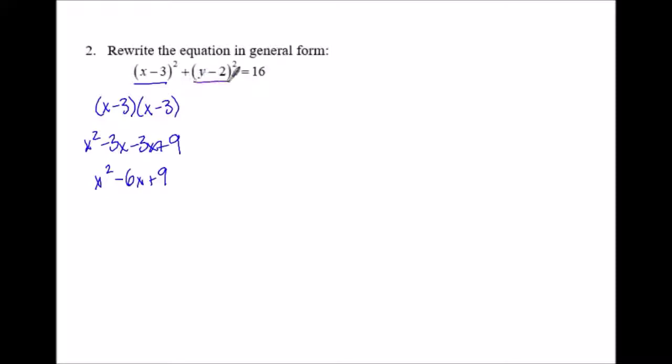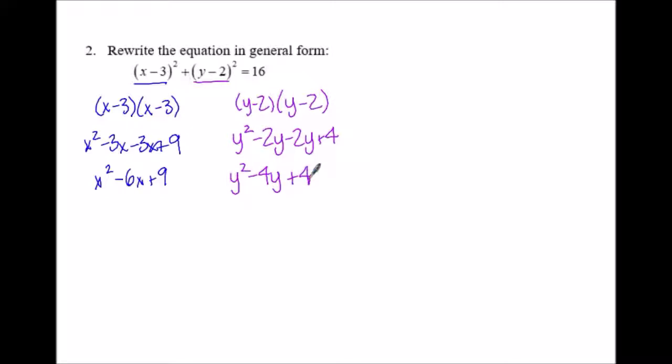We can do the same thing with (y - 2)^2. That would be (y - 2) times (y - 2). And if you double distribute and combine like terms, so then if we put these together and keep it equal to 16, we then need to combine our like terms and set this equal to 0.